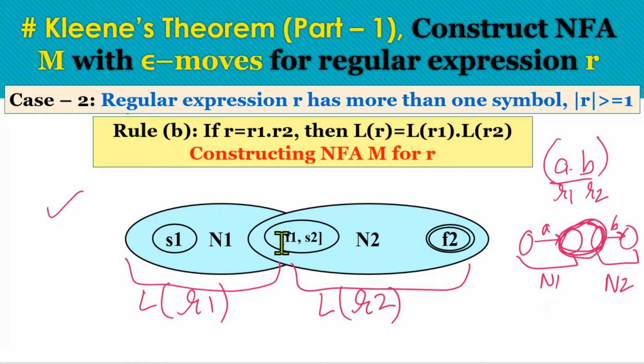Here the final state of the first machine for the first expression is merged with the initial state of the second machine.